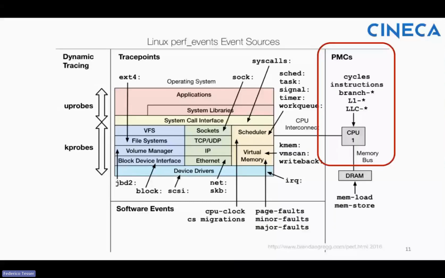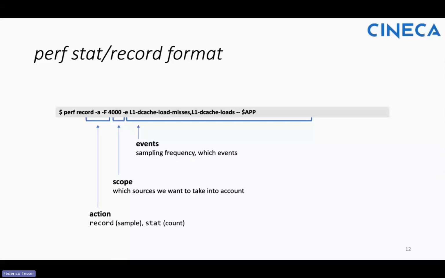Here there is a graphical explanation of the amount of events that Linux Perf can monitor and give to you. That's taken from Brendan Gregg's pages. It's quite important for Linux Perf, but we are focused on the performance monitoring counters part: cycles, instructions, branches, level 1, level 3 caches, etc. Here is an example of how perf can be used, from the shell.